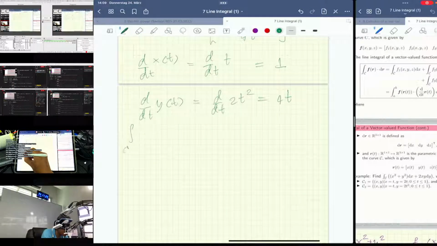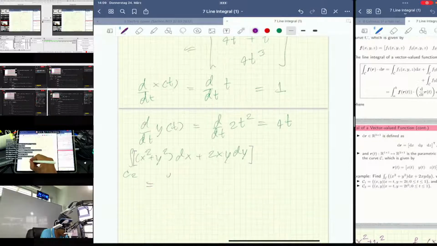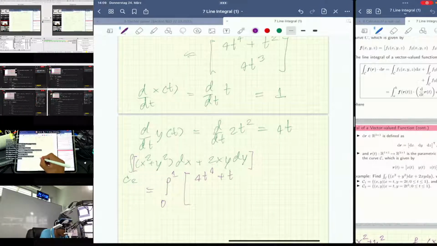And now the integration along the curve C2 of x squared plus y squared dx plus 2xy dy will be the integration from 0 to 1, from a to b, of the vector function, 4t to the 4 plus t squared, 4t cubed, dot this one, 1 and 4t, dt.